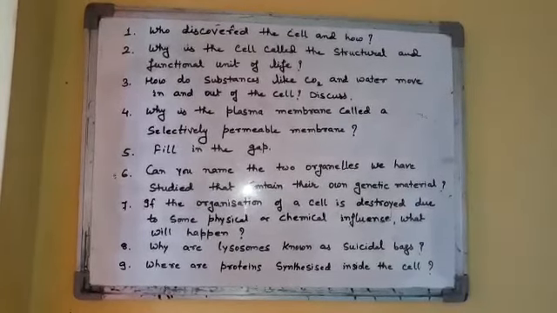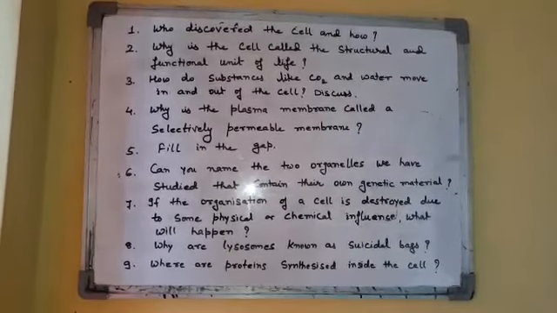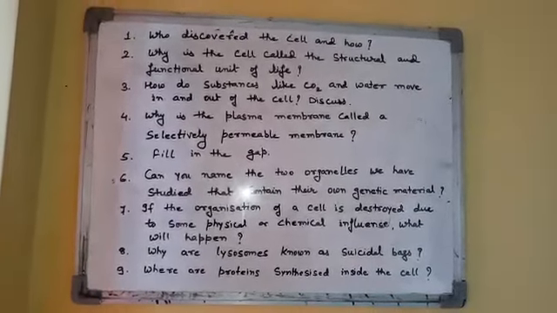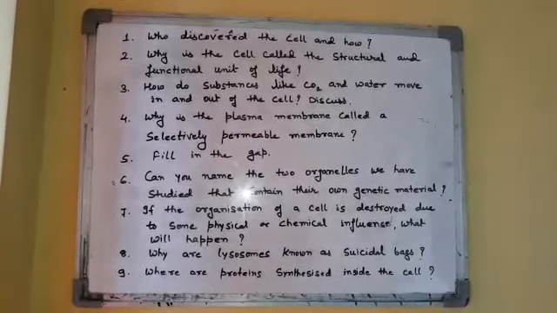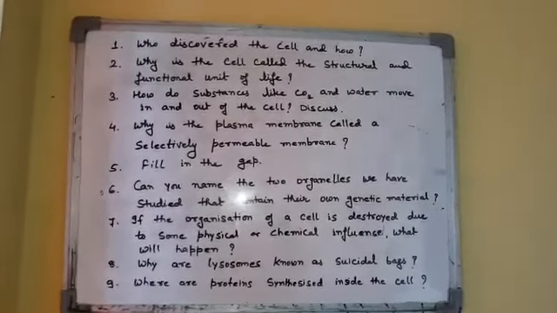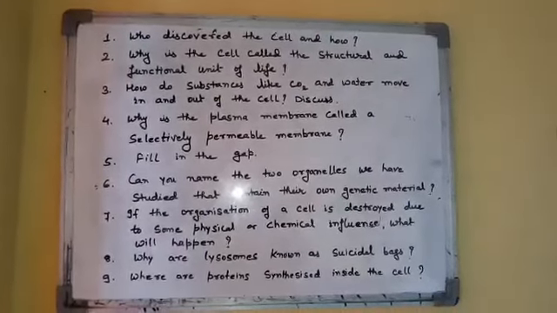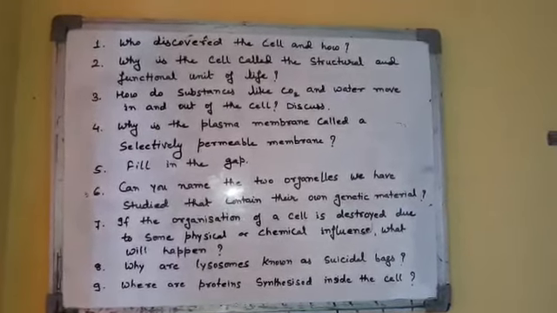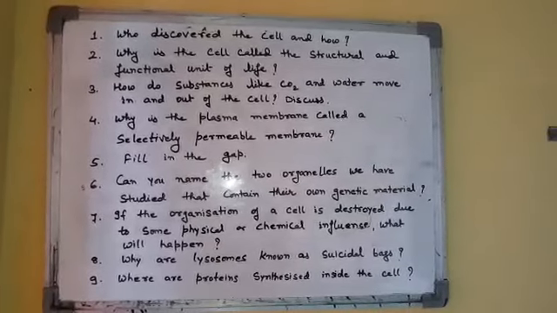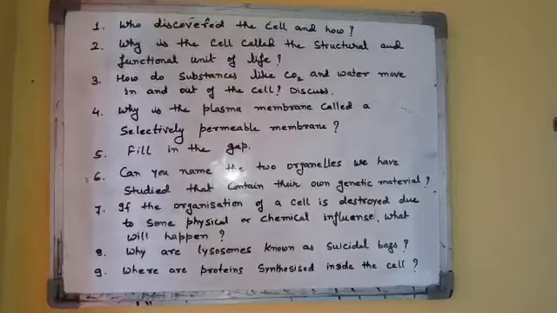Another organelle, which is a network of membrane, provides the site for protein synthesis. That is a part of the endoplasmic reticulum. So you will clearly mention which organelle synthesizes the protein and which organelle helps in it.